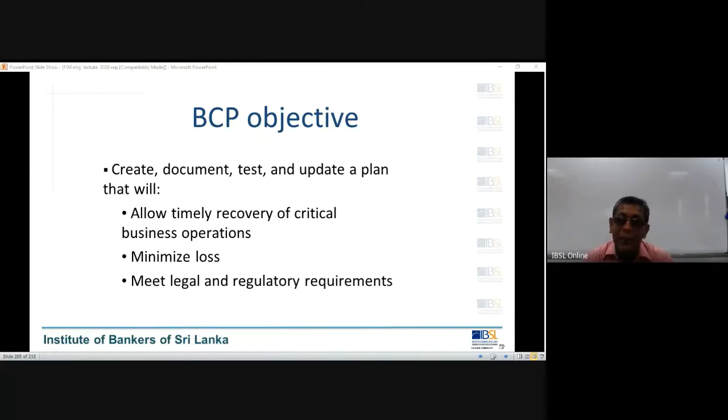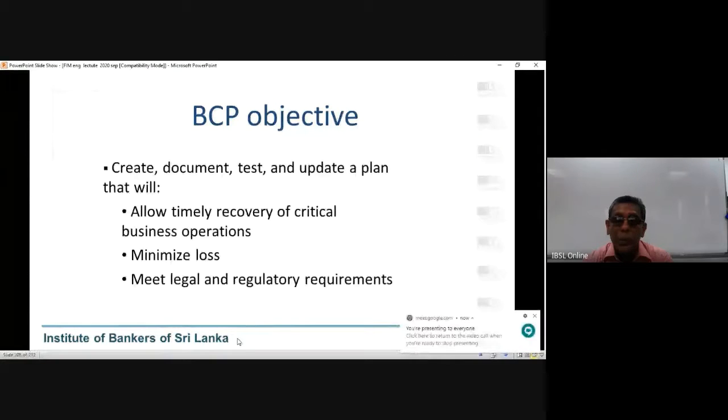Then what happens in a BCP situation? Once the current goes, you try to switch on your generator, then you notice the generator is not working. That means your BCP was not tested. Remember small things. Therefore, remember you need to test your BCP plan, and this is an ideal time.